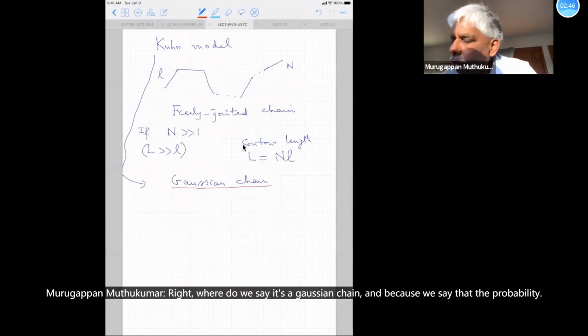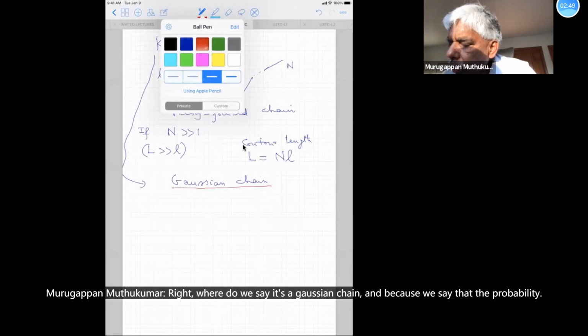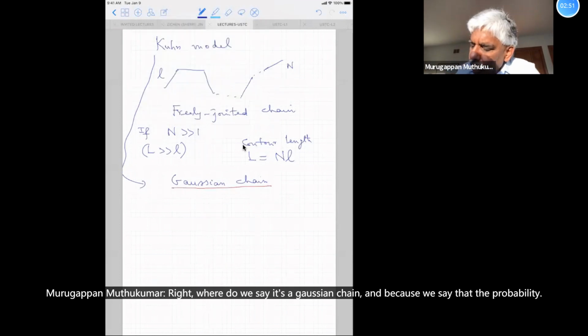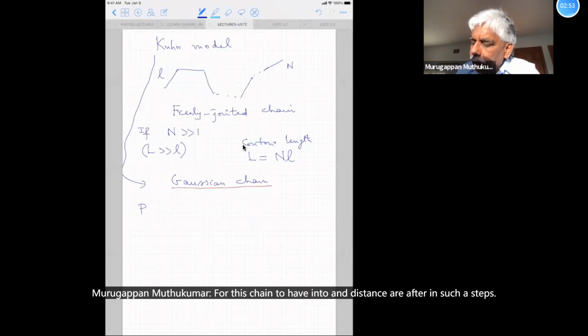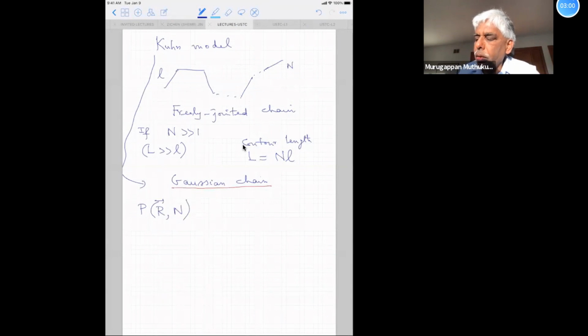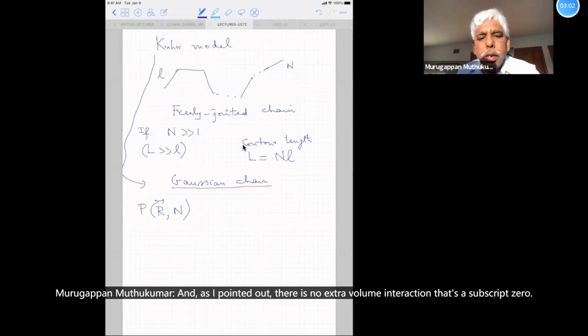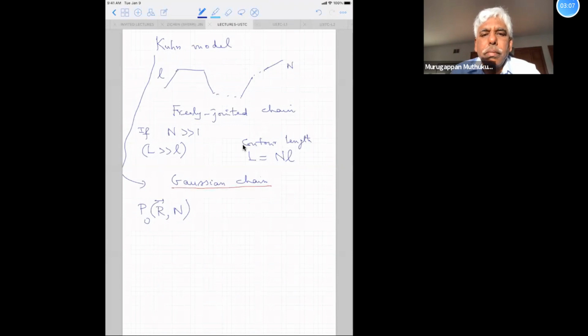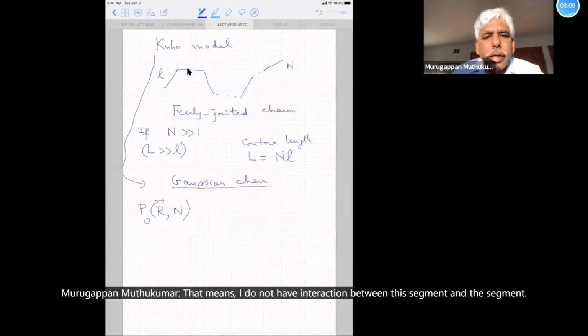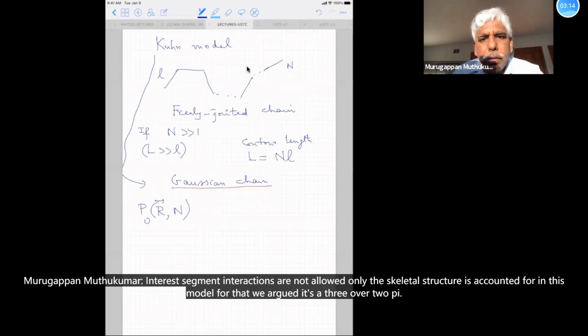Why do we say it's a Gaussian chain? Because the probability for this chain to have end-to-end distance R after n such steps, with no excluded volume interaction, that's the subscript 0, meaning I do not have interaction between this segment and that segment. Inter-segment interactions are not allowed. Only the skeletal structure is accounted for in this model.